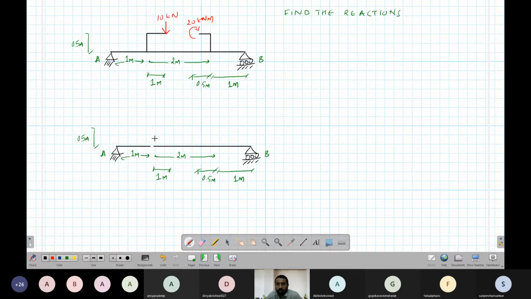Then I have to replace this by some force. I don't know, some force in vertical direction, some moment, and some horizontal force. This also I have to replace, some force in horizontal direction, some vertical force, some moment. You can tell me these values. So how do you do this? This is what we need. So these two should be the same.